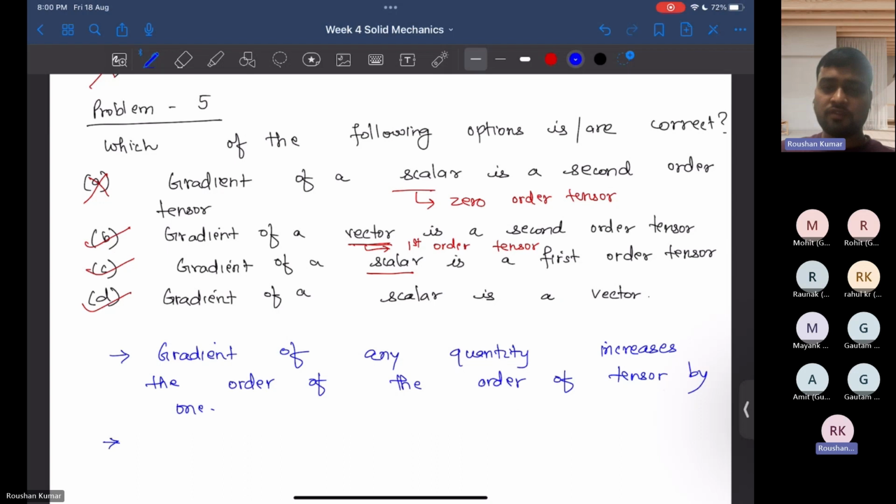Basically, divergence reduces the order of a tensor, just opposite to the gradient, because gradient increases the order of a tensor by 1. So I also write here: divergence of any quantity decreases the order of a tensor.